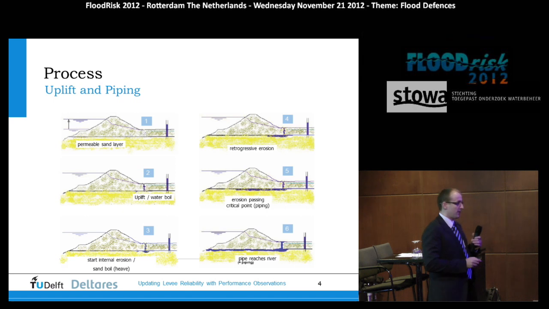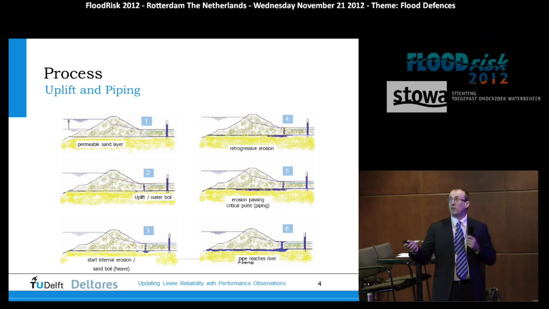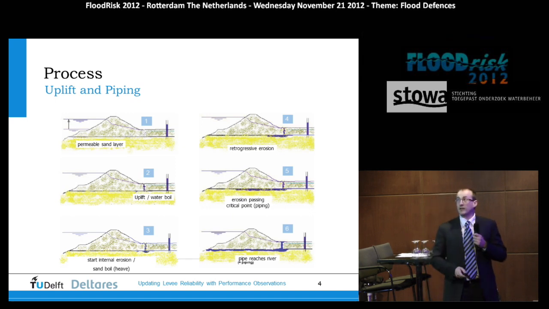Now, the way we look at this in the Netherlands, typically in risk analyses, this would be the conceptual model for the combined mechanism uplift and piping. You have a relatively impermeable levee with a blanket layer on the land side, and underneath you have a rather permeable aquifer, typically sand.